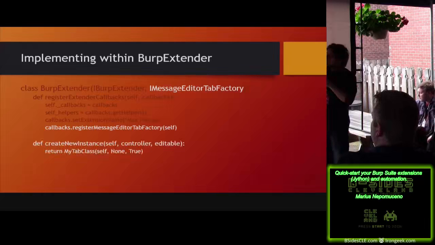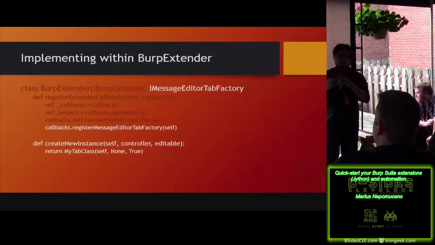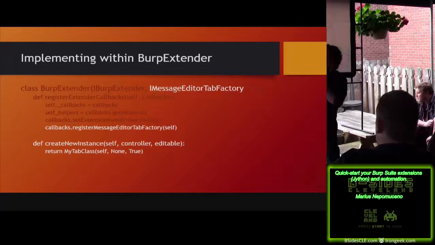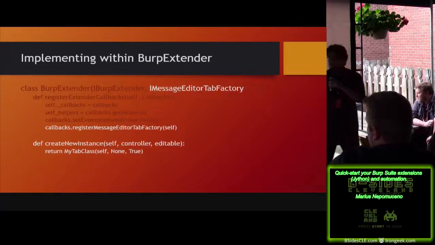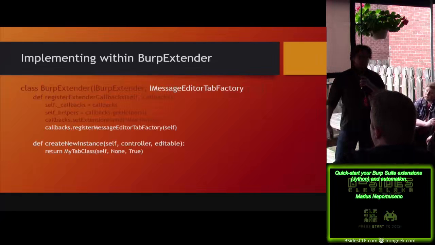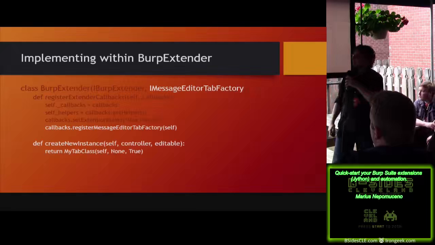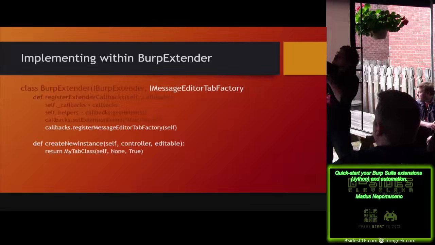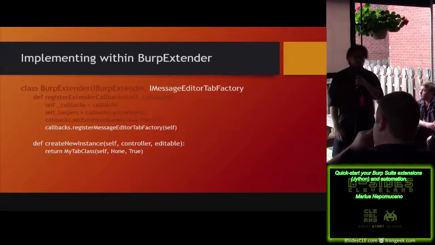After that, I can create a new tab instance that will actually create the tab element in the UI. I pass it self, controller and editable. You can see why in the documentation for all of that. And I return my tab class, which I haven't created yet, but we will. So in this case, you would have to import not only IBurpExtender, but also IMessageEditorTabFactory.